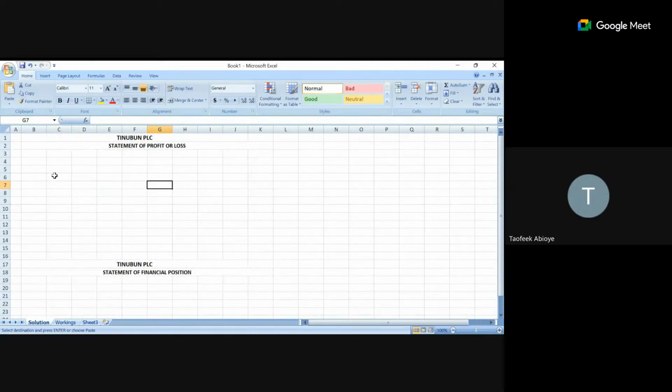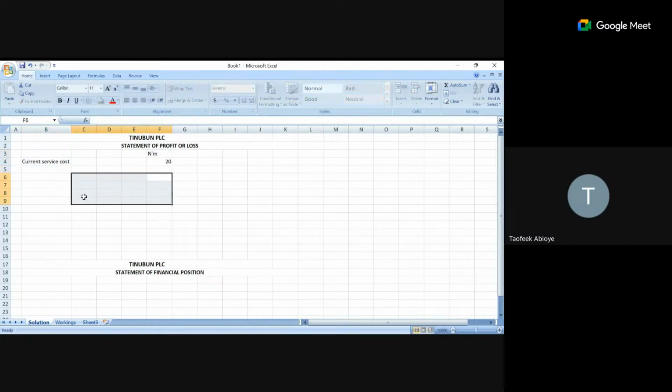The first thing we are going to report is our current service cost. It will be reported as one of your operating expenses, in naira million, in your profit or loss.